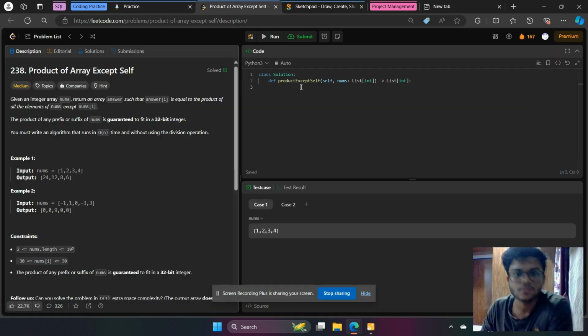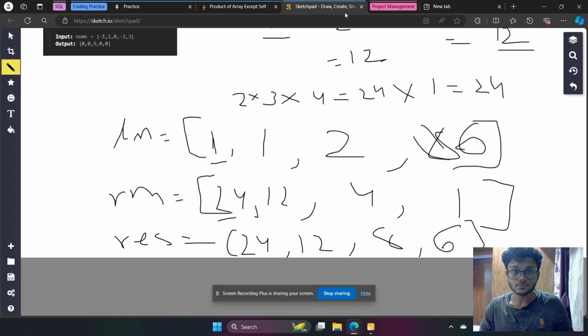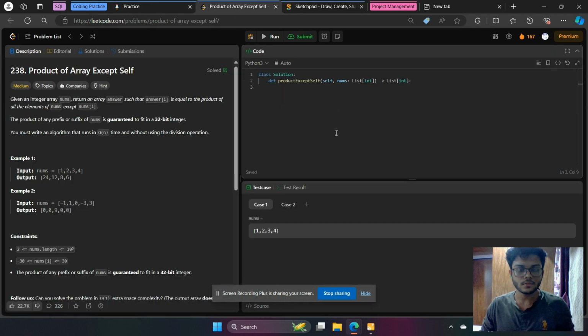Let's try to code this. Okay. So we need a left multiplication array, a right multiplication array, and the res array. The left multiplication array will have 1 already in the array.